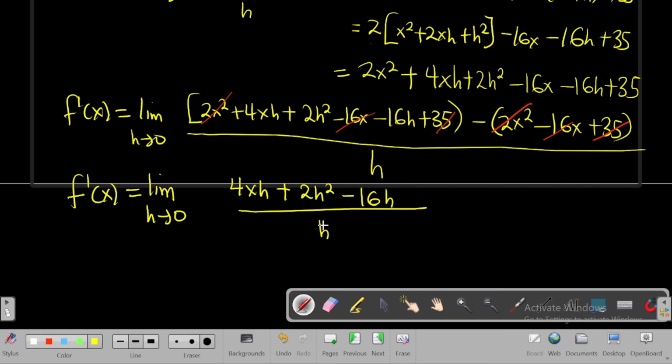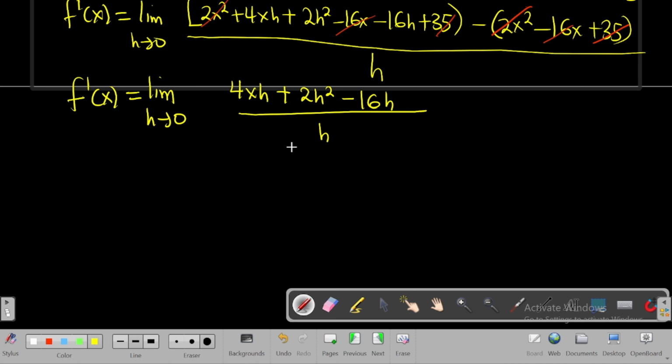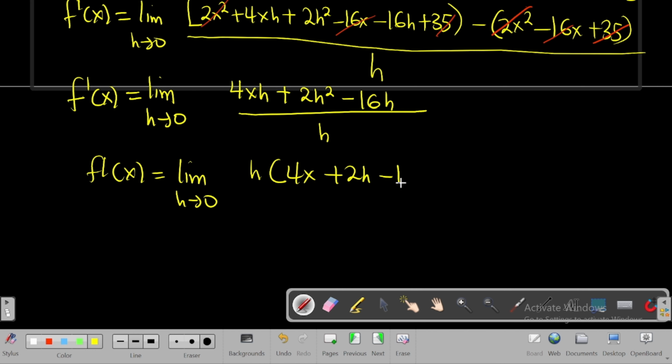all over h, right? So from here, algebra, since we have h in each term, we can factorize it out, right? So f prime of x will be equal to limit as h approaches 0 of h comes out, 4x plus 2h minus 16, all over h.